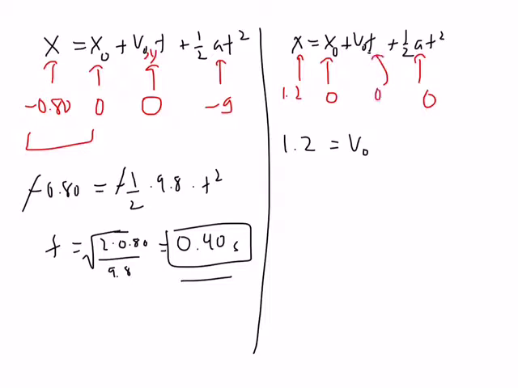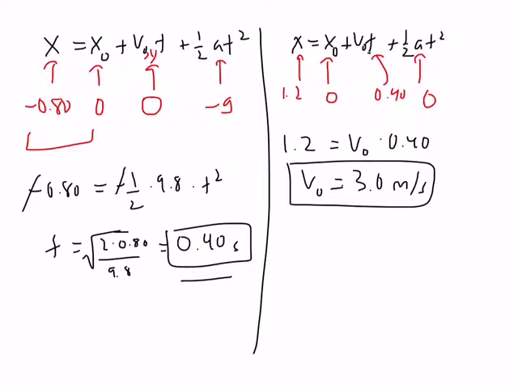Well, we just calculated that, 0.40 seconds. So we can plug that in, and we get that v naught is 1.2 divided by 0.4, or 3.0 meters per second. It must have been moving that fast to cover the horizontal 1.2 meters in the 0.4 seconds that it had before it hit the ground.